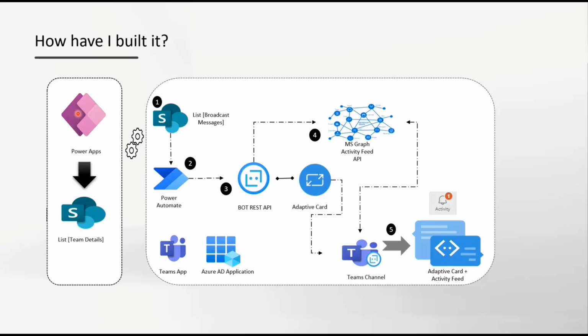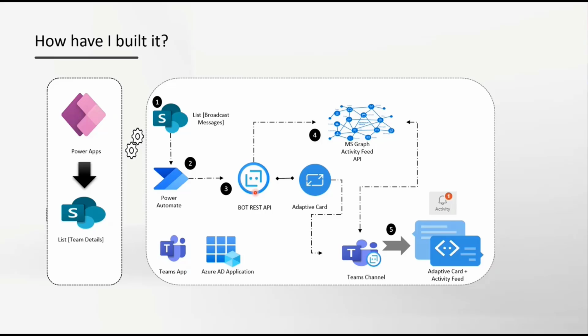Right. So after it is published from the Power App, it goes to a list which stores all the broadcast messages. Whenever there is a new item in this list, a Power Automate gets triggered, which will use a bot REST API connector to send that adaptive card. So we are not using an Azure function or the bot connector SDK to do this.